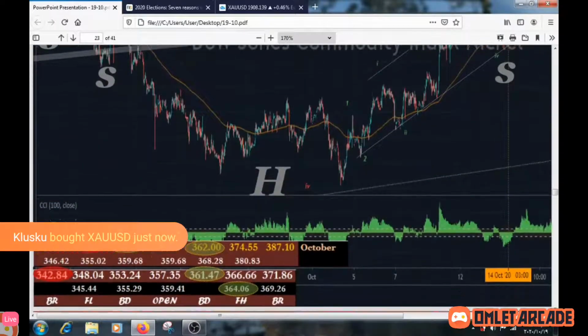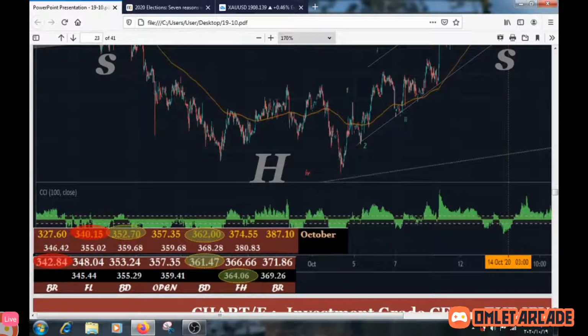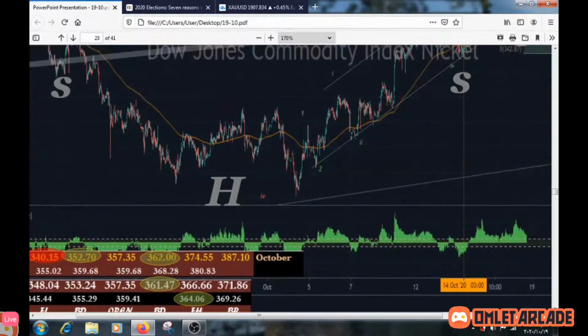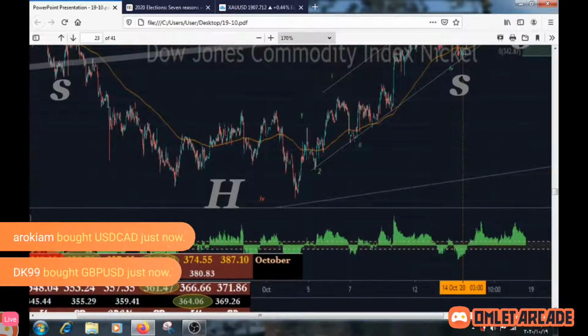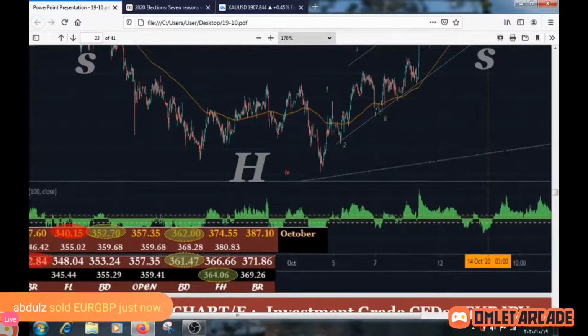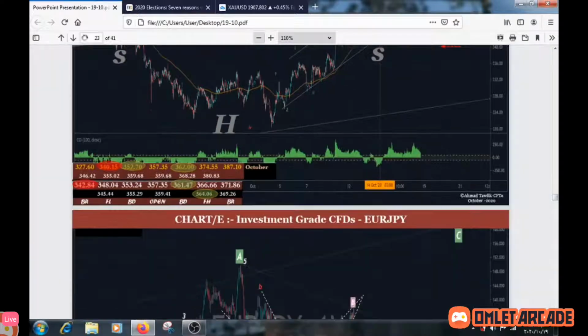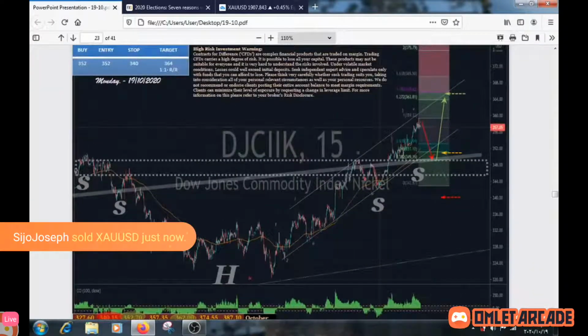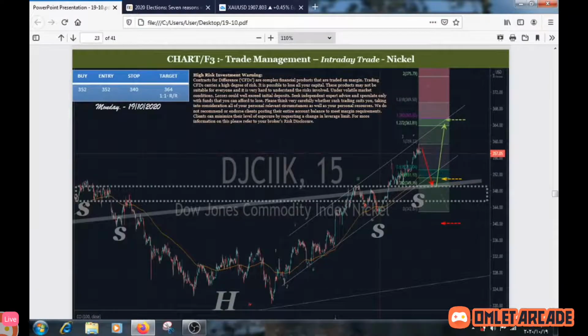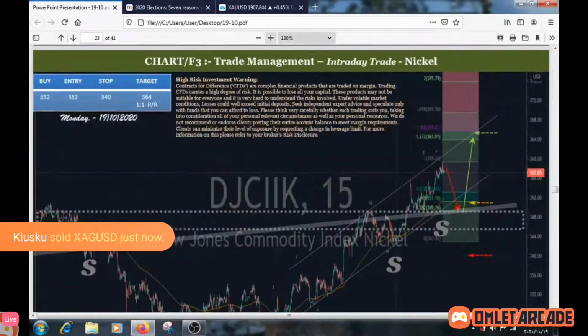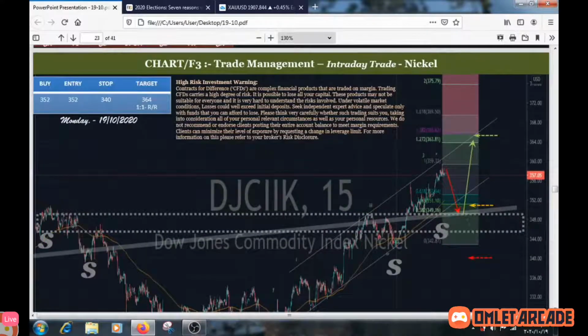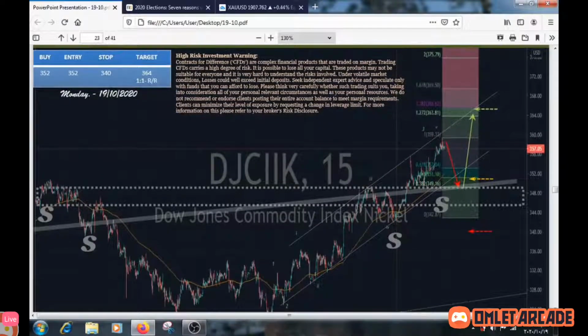These levels that are shown here, that's 366, that's 352, and that's 350. These are the levels that will probably be seen if you're keen to get into the commodity.